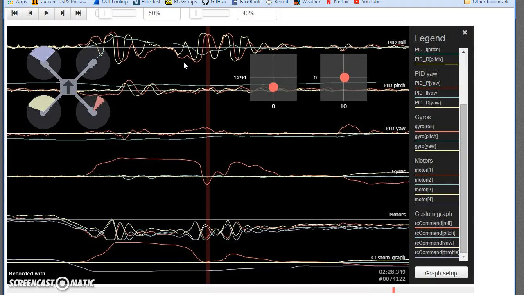I don't even know if that makes sense physics-wise or if that's right or not. And so the I term has to sort of oppose that because the copter is wanting to fall into it. Okay, so if the P term and the I term agree, if they're the same sign, both negative or both positive, that means that the P term is not pushing hard enough.